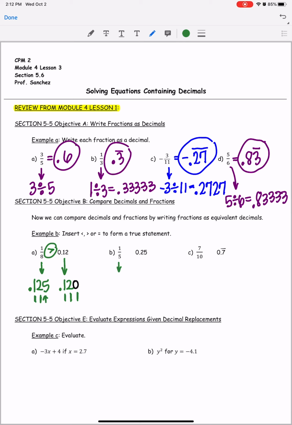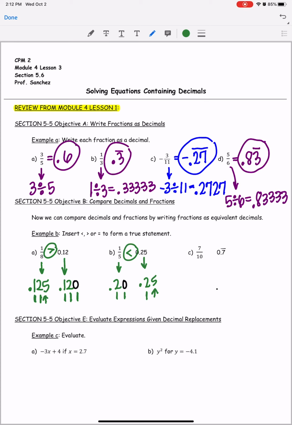Divide. 1 divided by 5 gives you 0.2. Here I have 0.25. So I need both of these to have 2 decimals, so we'll put a 0. So compare. You got 2 and 2. Those are both the same. We have a 0 and a 5. That 5 is still bigger. So your Pac-Man eats that bigger number.